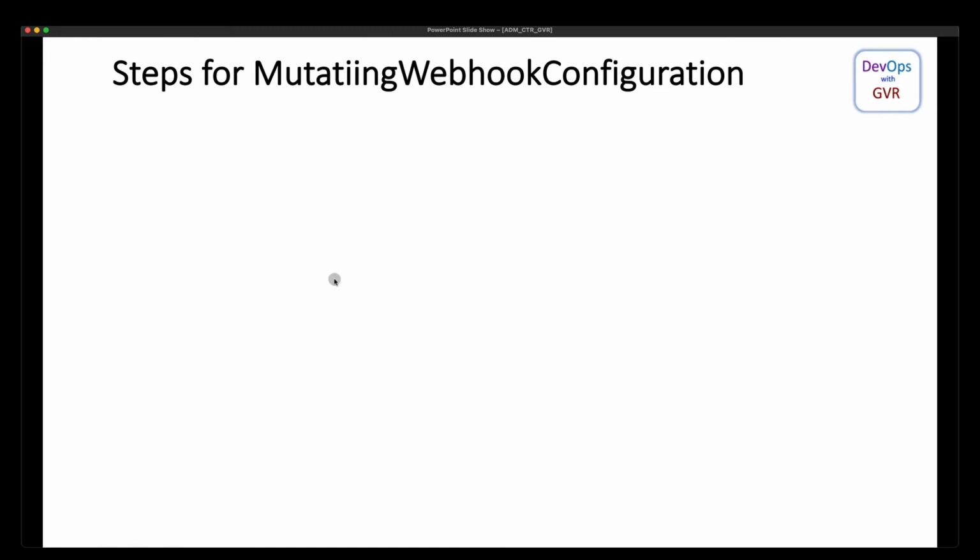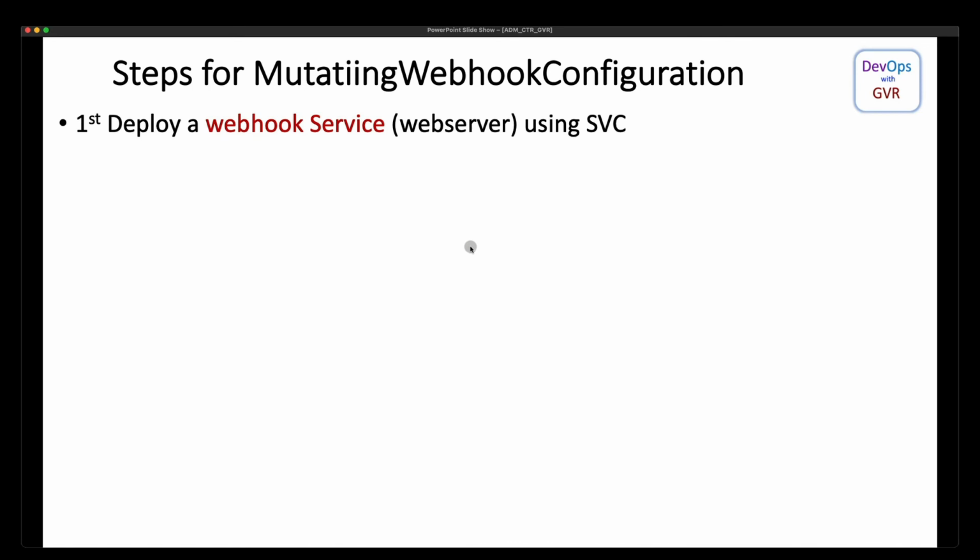Now the first one is the mutating webhook configuration. What exactly is this mutating? As I said, mutating basically modifies, and this admission configuration kicks in at the first stage when you deploy. For that, what do you need to do? First you need to define a webhook service.